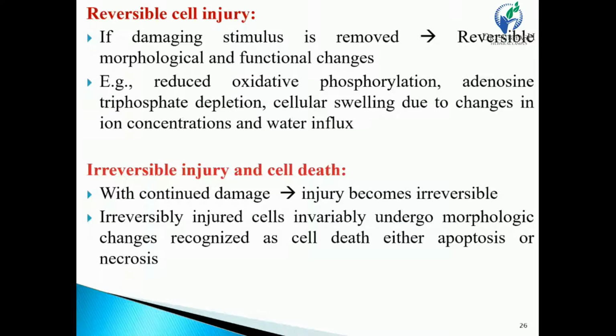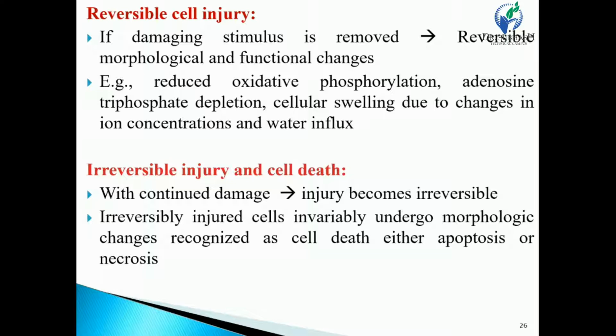As I have earlier mentioned, if the damaging stimulus is removed, reversible morphological and functional changes can be seen in the cell. For example, reduced oxidative phosphorylation, adenosine triphosphate, that is ATP, depletion, and cellular swelling due to changes in ion concentrations and water influx.